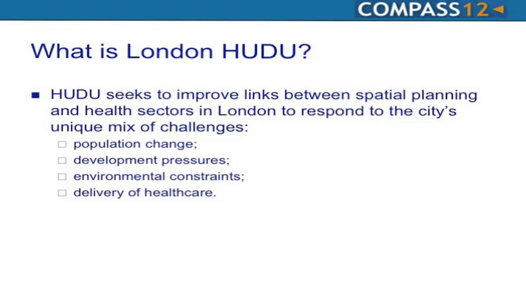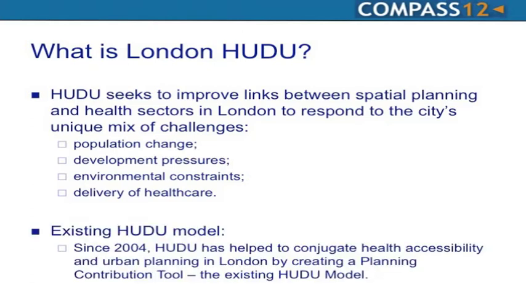So they're looking at stuff like population change, development pressures, showed you up there one of the maps showing housing growth, environmental constraints, and delivery of healthcare, which is the bottom line, because you want to deliver healthcare to the communities that need them. So the existing HUDU model, since 2004, HUDU developed this model, and it effectively is this planning contribution tool.